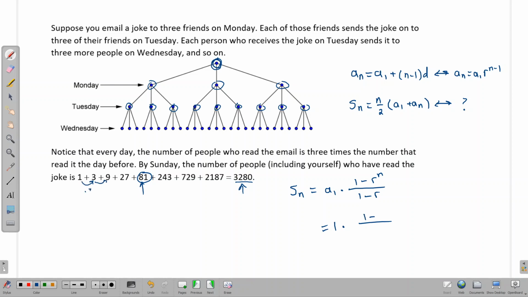So you can see that we're multiplying by 3 to progress through this geometric sequence. So it would be 3, and then how many terms did we have? 1, 2, 3, 4, 5, 6, 7, 8. So a total of 8 terms, and then it'd be 1 minus 3 on the bottom. If you evaluate this using a calculator, you should get this same value. So let's actually test that.